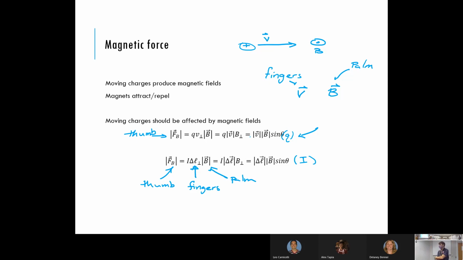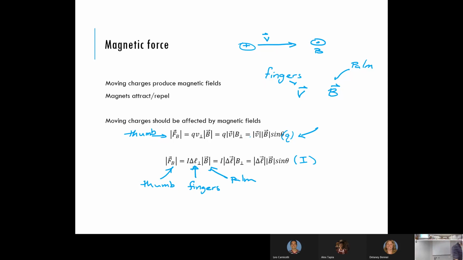How does the force that the magnetic field exerts on the proton compare to the direction of motion of the proton? It's perpendicular. The motion is to the right. The force is down, perpendicular. Good so far?